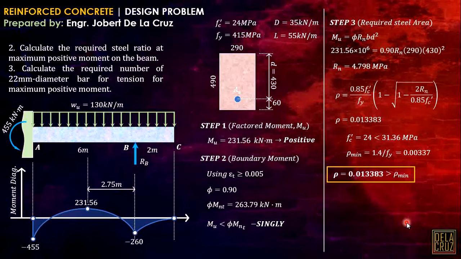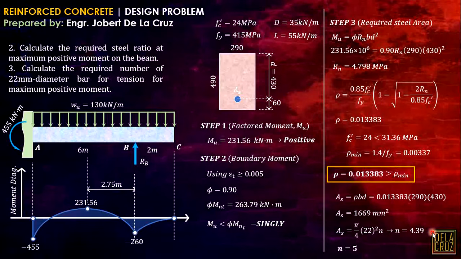Now, for number 3, again calculating the As, direct substitution, that is 1669. So, as you can see, it changed a bit. It became smaller. And for that one, we equate the number of bars, and that is 4.39. And again, we don't round that down. The number of bars should be rounded up.